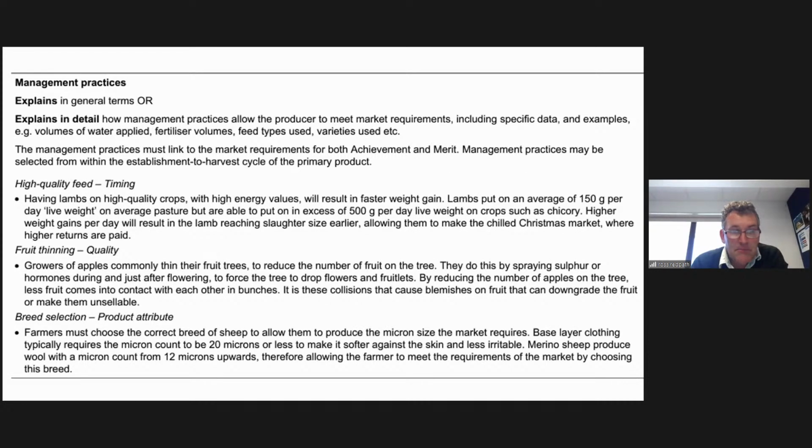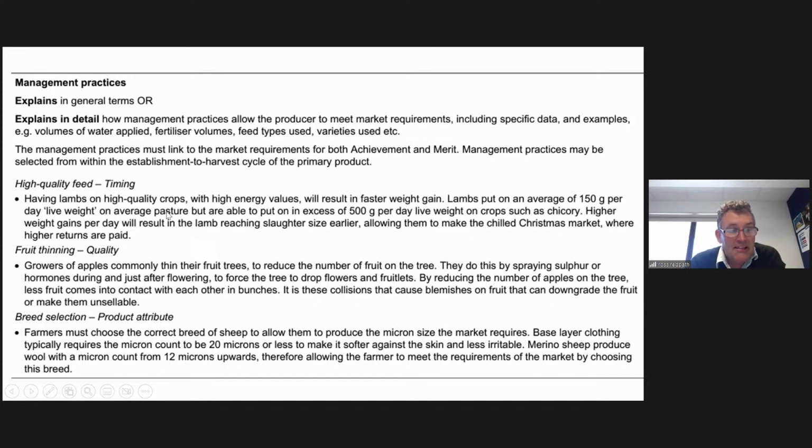And then just some more examples of management practices and how they link to the market requirements, etc. Okay, this was the timing for that Christmas market of lamb in the UK.